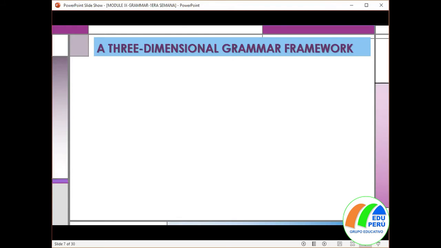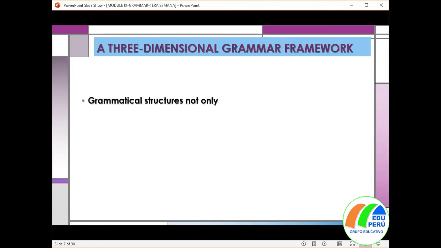What are these three aspects when we analyze a grammatical structure? Nobody? Okay, don't worry.